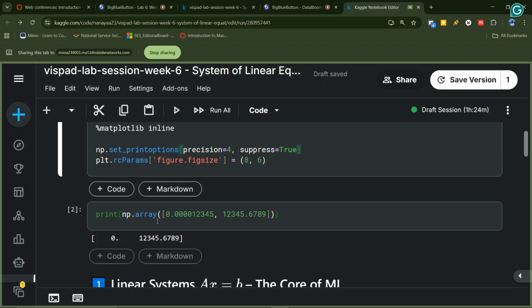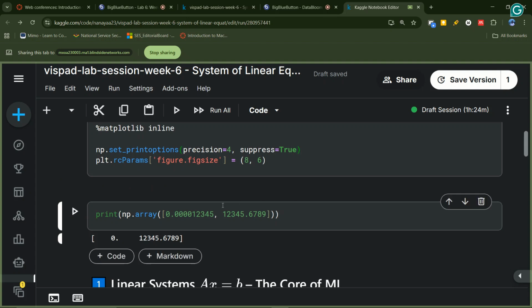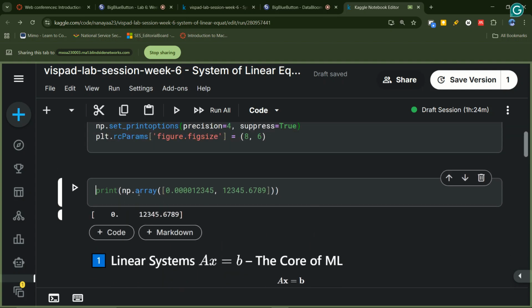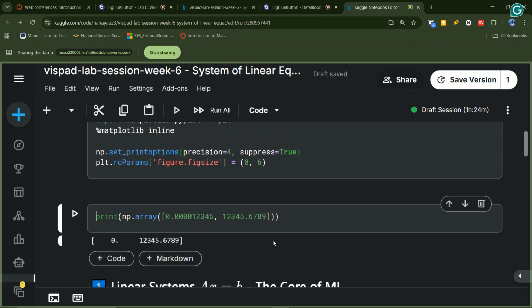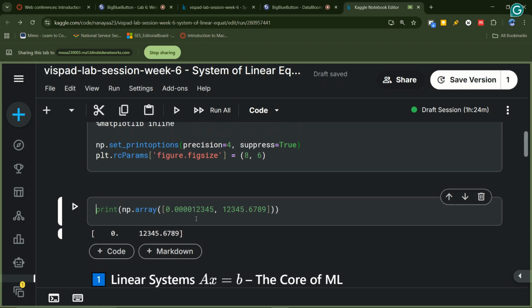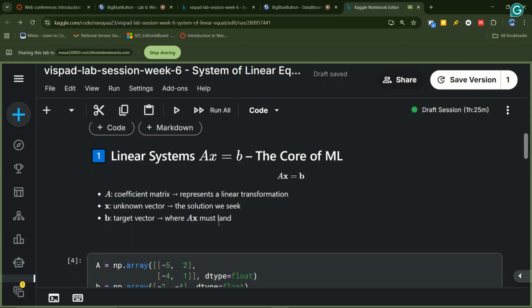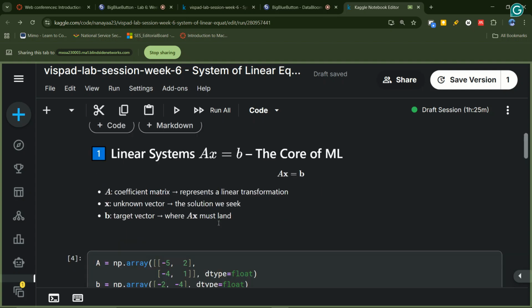This was just a simple example to print a numpy array, and you realize we got our answers to 4 decimal places. 0 is obviously 0, it could have been 0.0000, the 4 zeros, but that's it, just by the way.